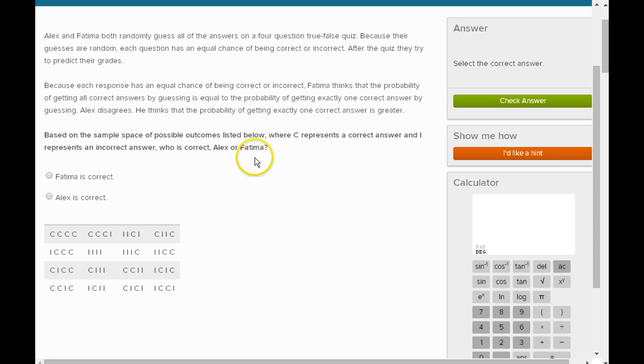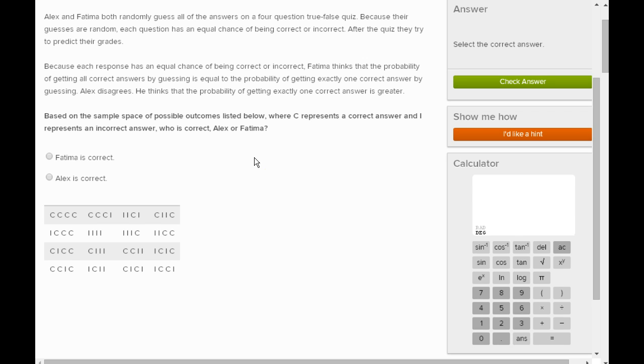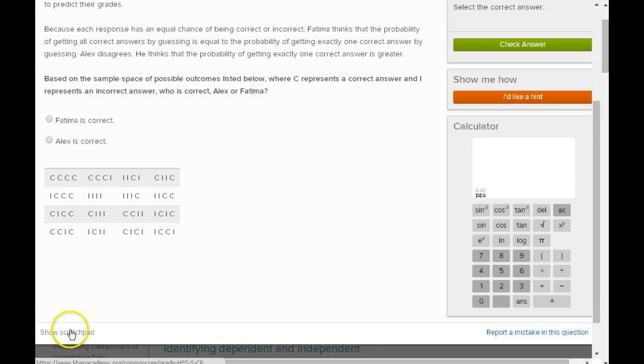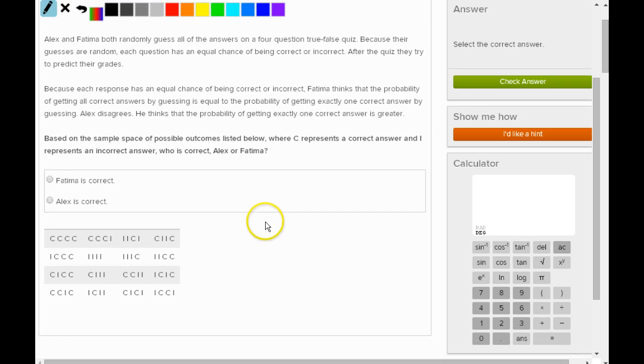Okay, so let's use what we just learned about set theory, and we'll see how we can do this. So let's define what Fatima thinks as A. So we'll say that A is equal to Fatima, which means she thinks all correct.